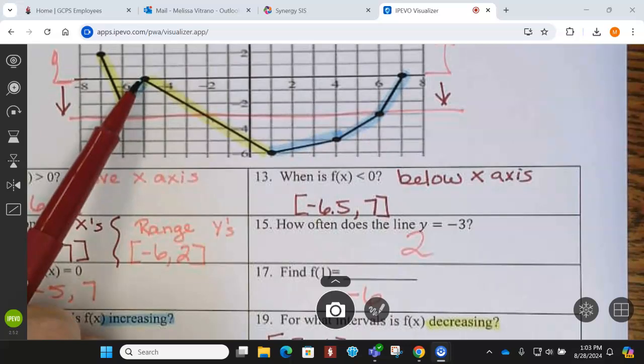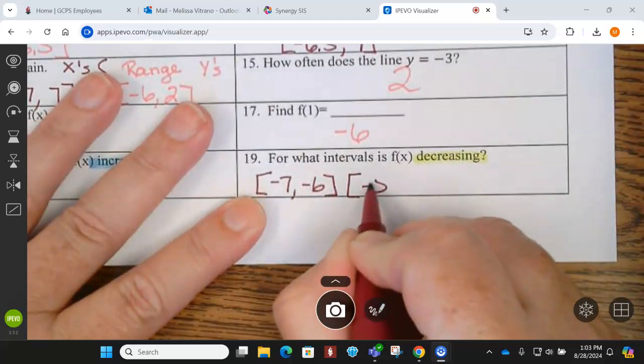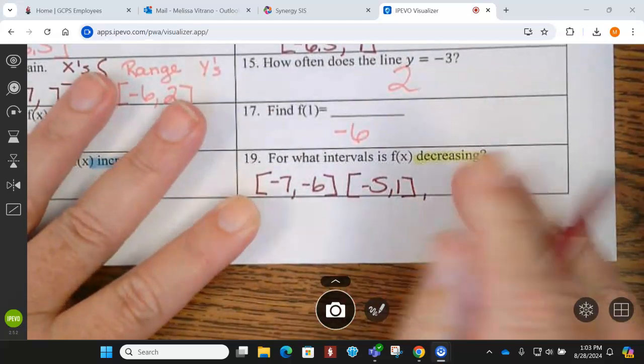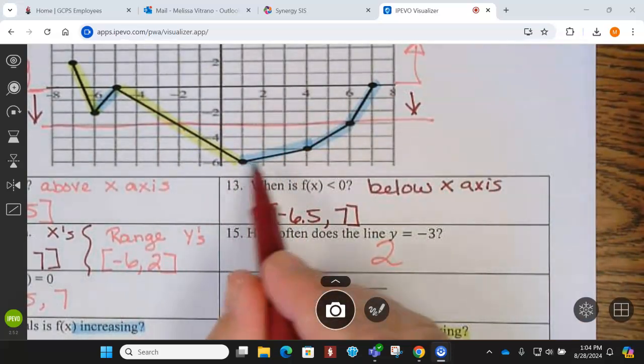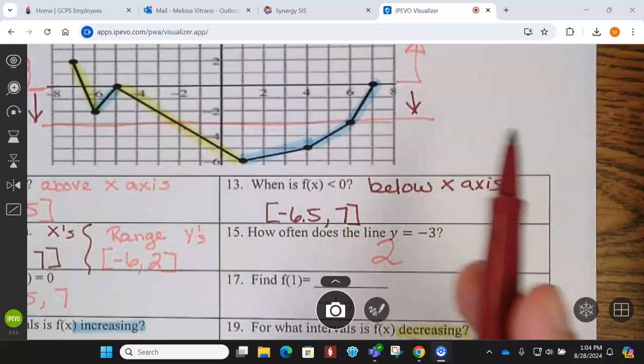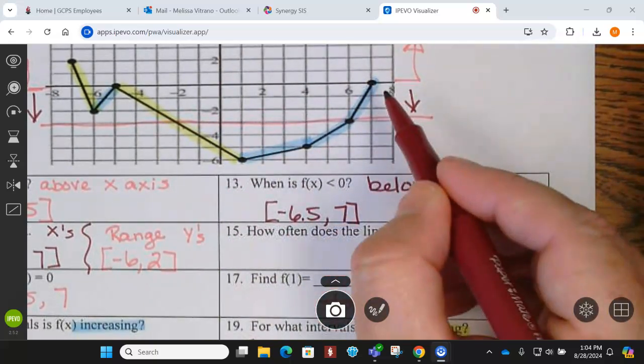Decrease. So we start at negative 5 and we're going to go all the way here at what value? 1. And then increase. So you notice that my whole line is blue. It is okay if you do it in little steps. I'm just going to go ahead for one big one. So we start here at 1 and we stop here at 7.